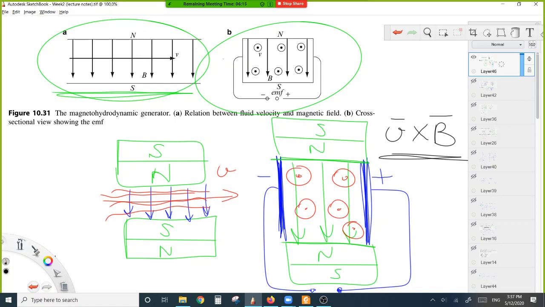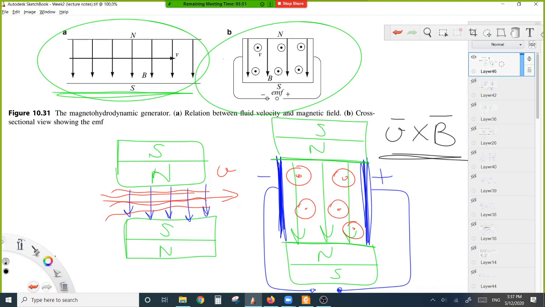The conducting fluid can be any fluid which conducts electricity. Most experimental generators use highly ionized exhaust gases from the burning of fuels.